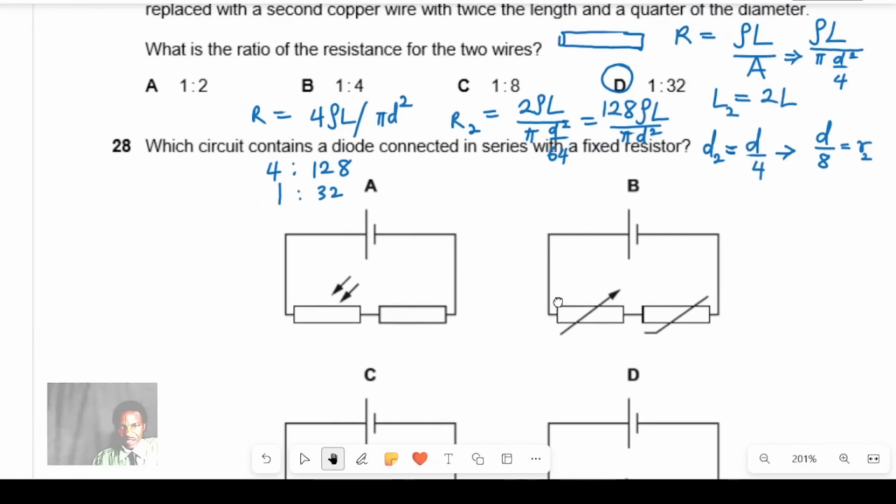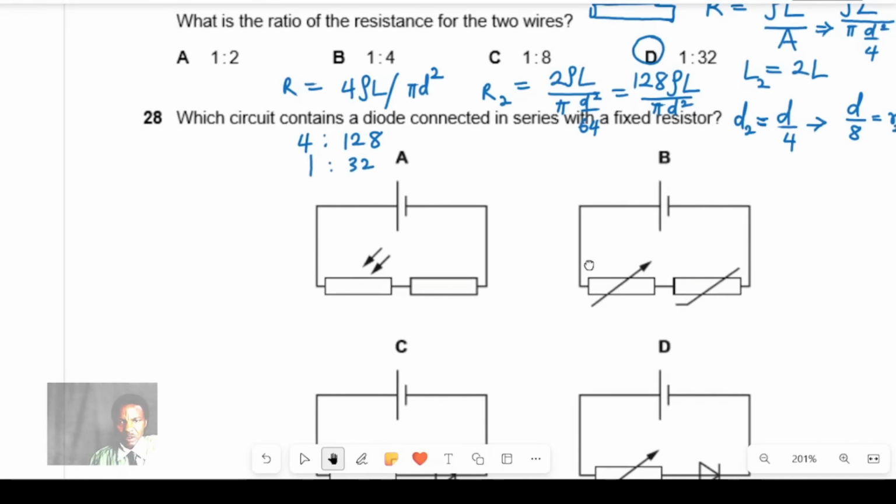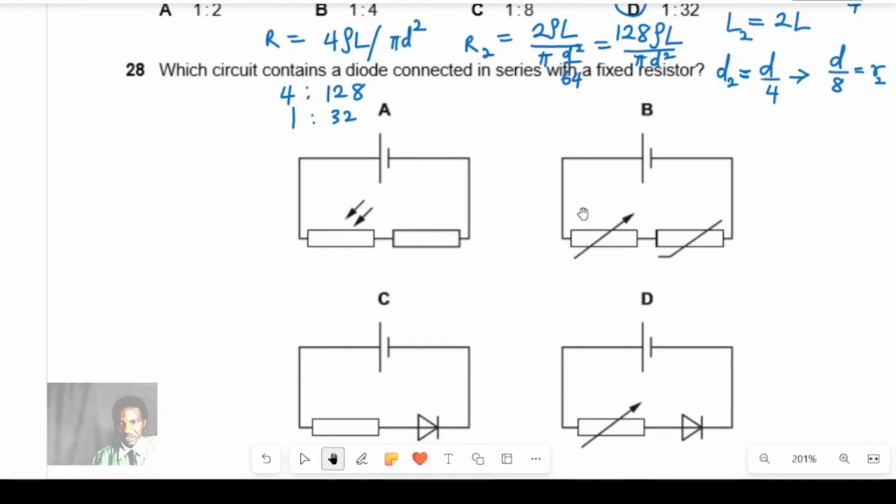Okay, so let's look at question 28. Which circuit contains a diode connected in series with a fixed resistor? First of all, this is a light dependent resistor, LDR. This is a resistor. This is a variable resistor.